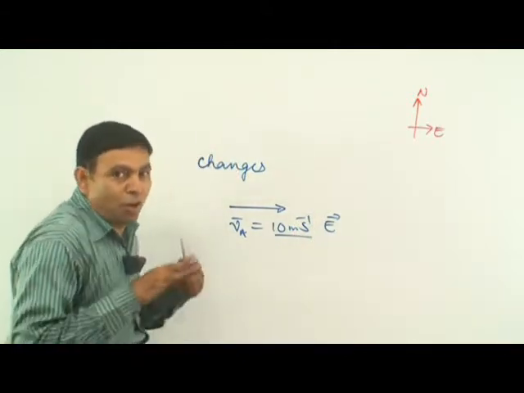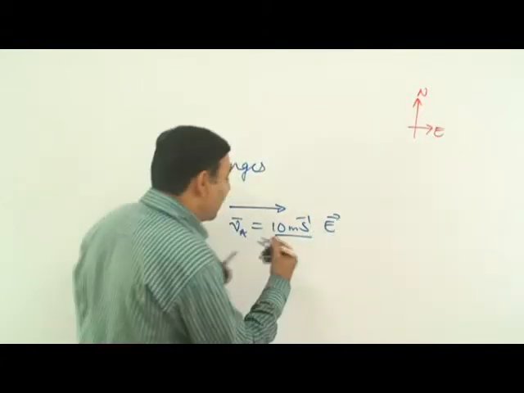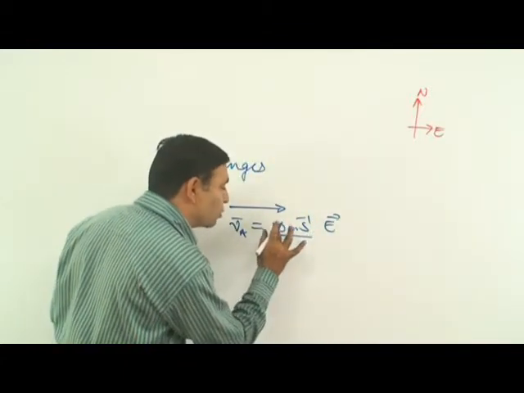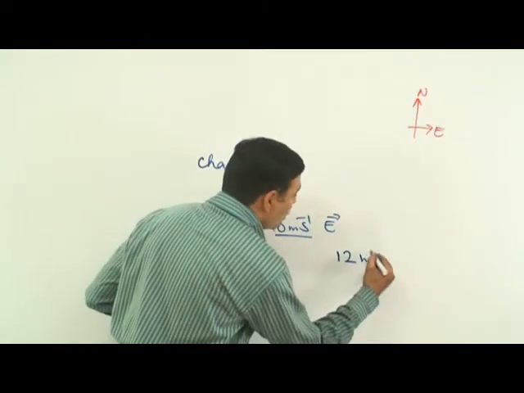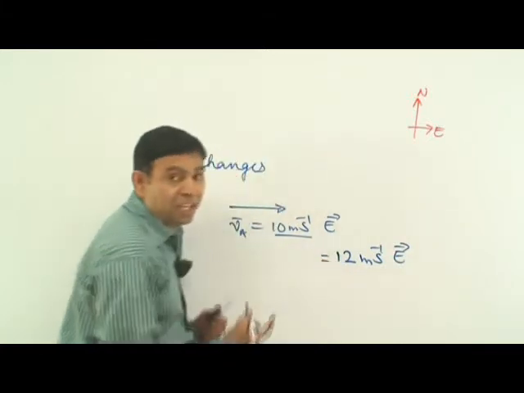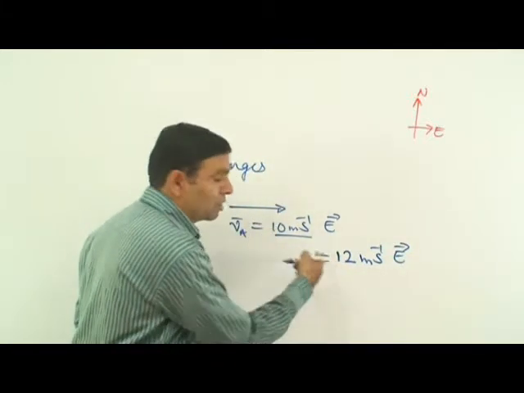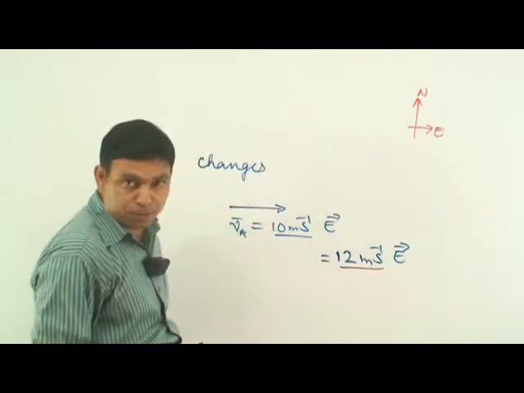You are not changing the direction, but you are accelerating in the same direction. Fine. And velocity is no longer 10, magnitude is no longer 10 meter per second, rather it becomes say 12 meter per second. You are still moving in the same direction. Even then velocity has changed because magnitude has changed.